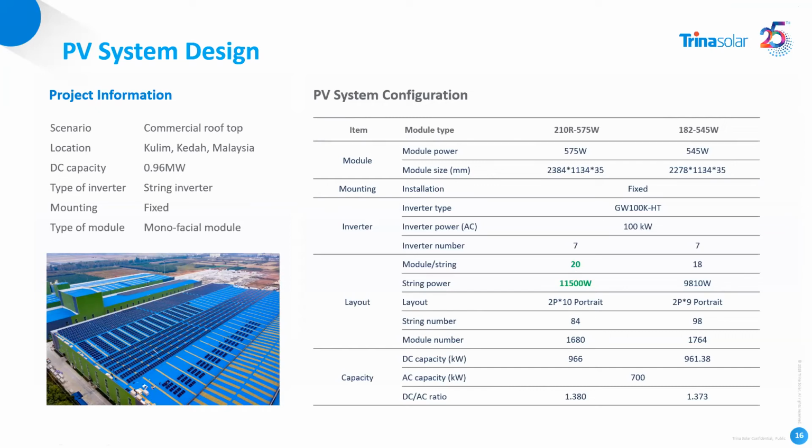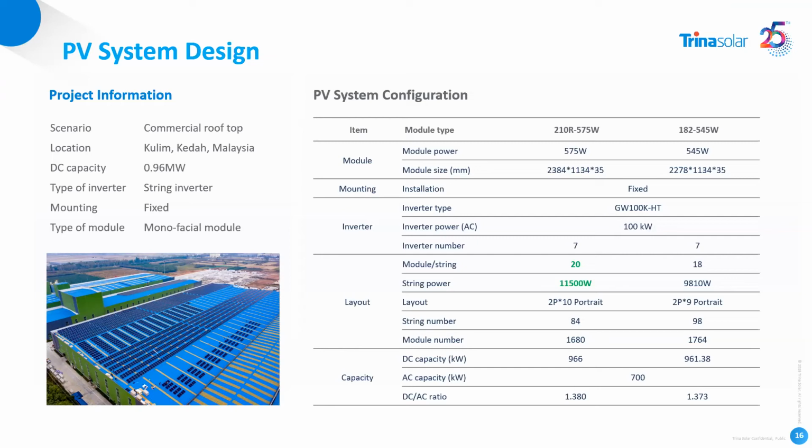And the layout, if you can see, is almost the same. The string number is quite different. For Trina, we only have 84 versus the 98 of the 182 545 watt. Definitely the module number is decreased, so you can have a space saving. And the AC/DC ratio is at 1.3.